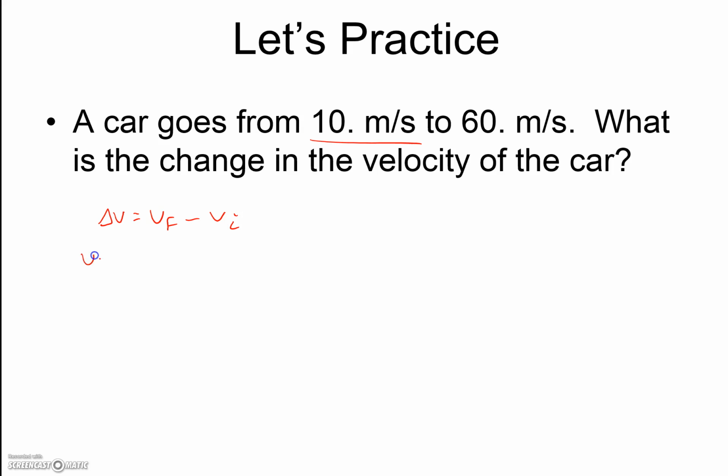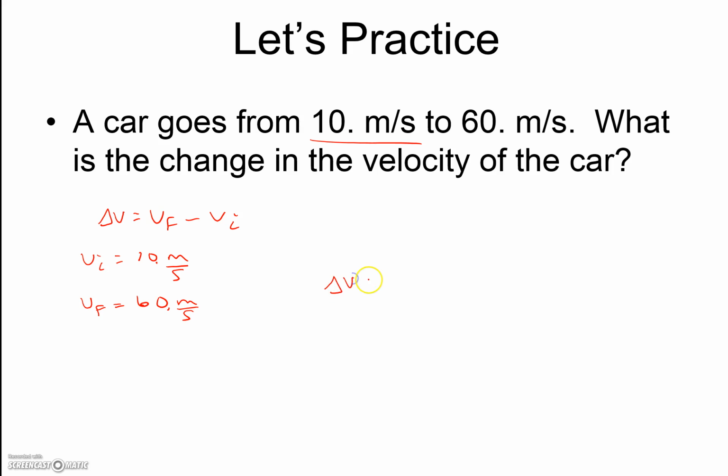Next, we want to write down what our variables are. So our V initial is 10 meters per second. That's how fast the car is driving initially. Our V final is 60 meters per second, and we want to make sure we put those decimals in because that tells us we're looking at 2 significant digits. And now we're going to plug our variables into our equation.